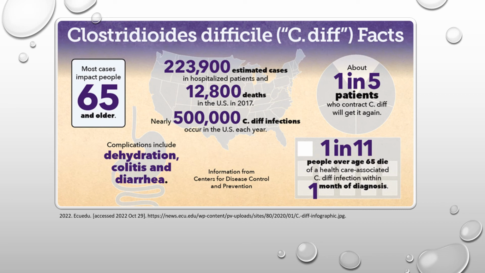And about 1 in 11 of these patients will actually die from these infections. And additionally, as stated on the last slide, 1 in 5 patients will get recurring C. diff infections after their initial infection, which would be where that vaccine could come into play.